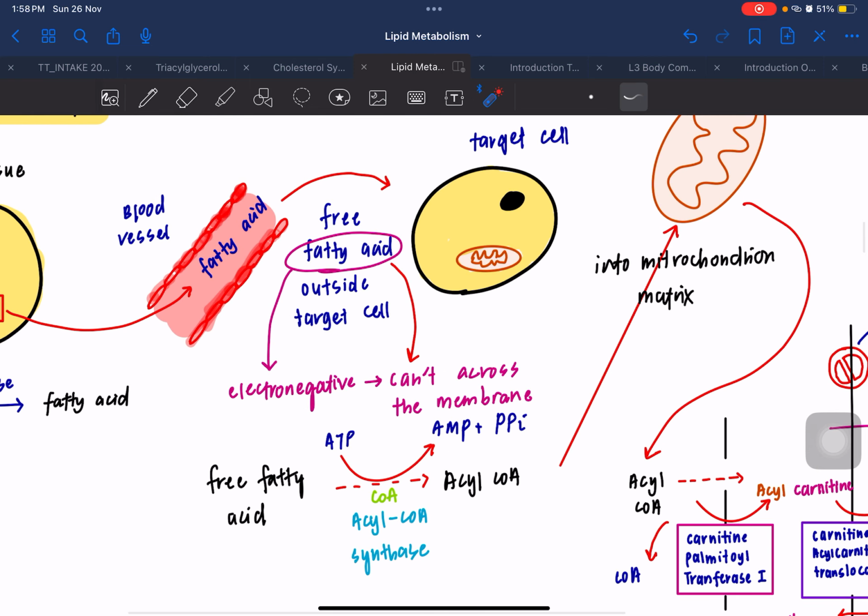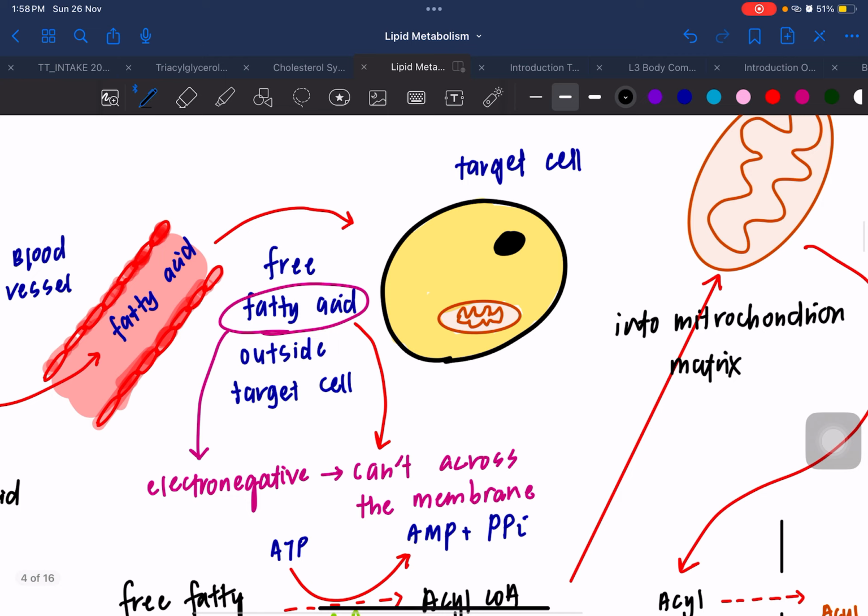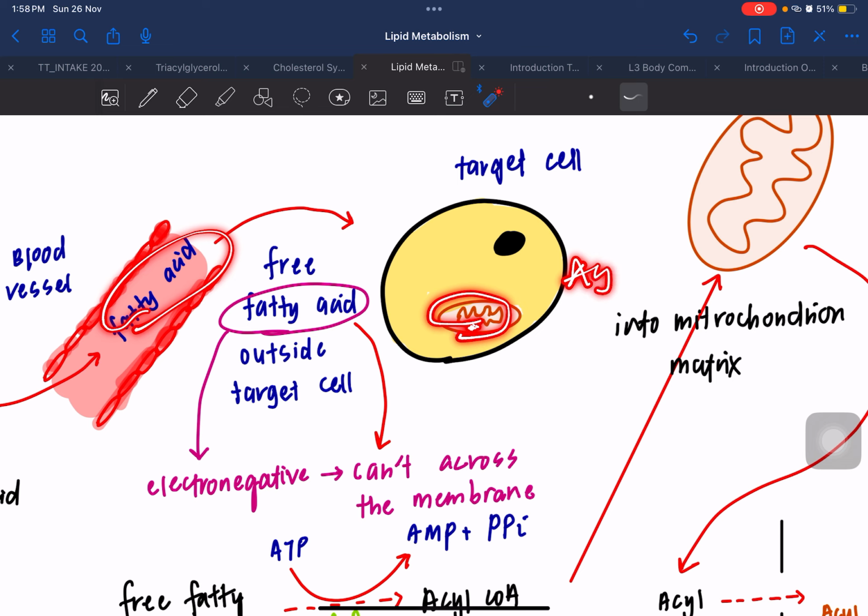And then from the blood vessel we want to go to the target cell. But before that, we need to remember that in the target cell we need the mitochondria, because we need to metabolize the fatty acid to acyl CoA, or fatty acyl CoA.